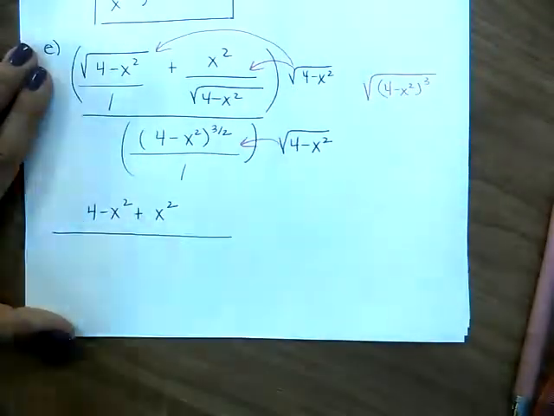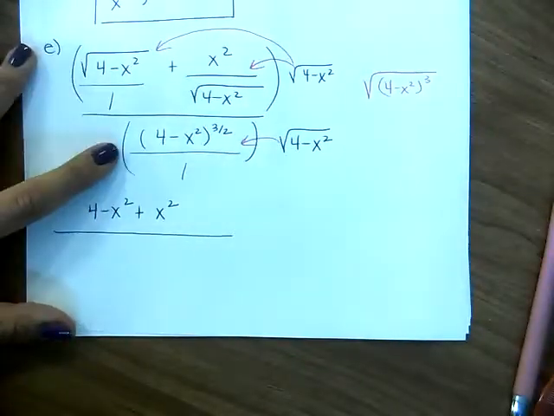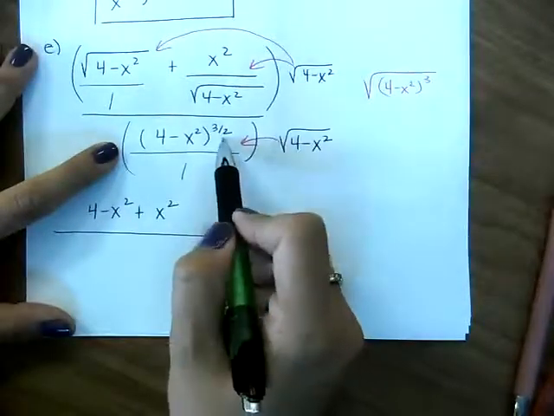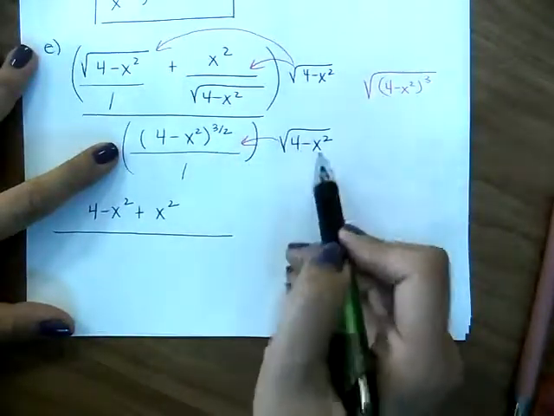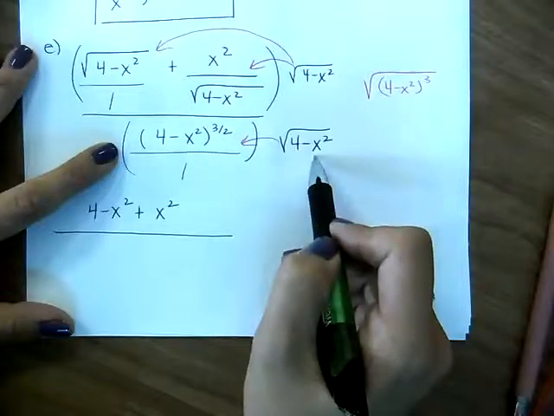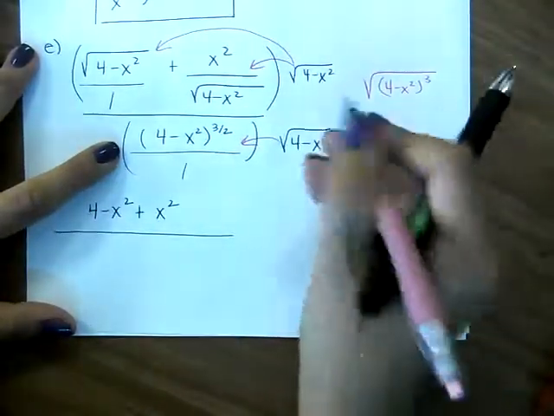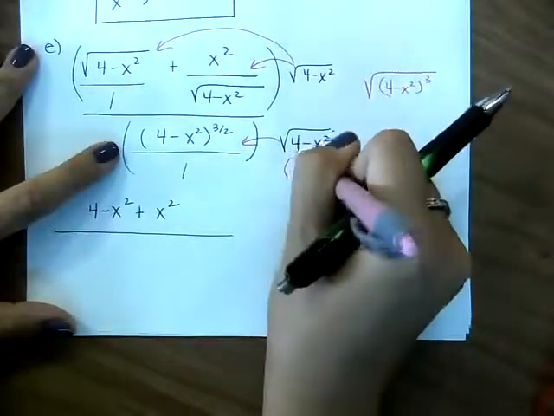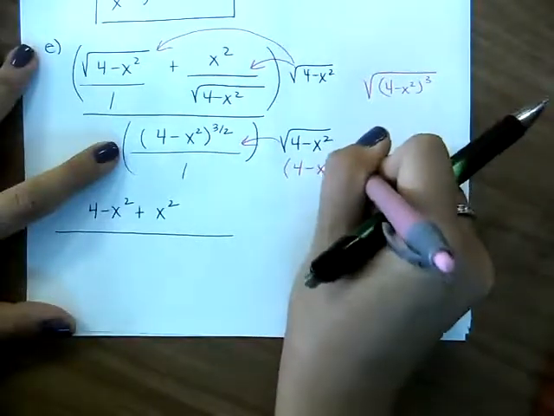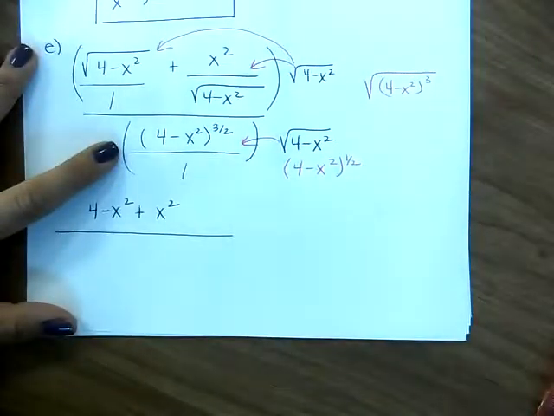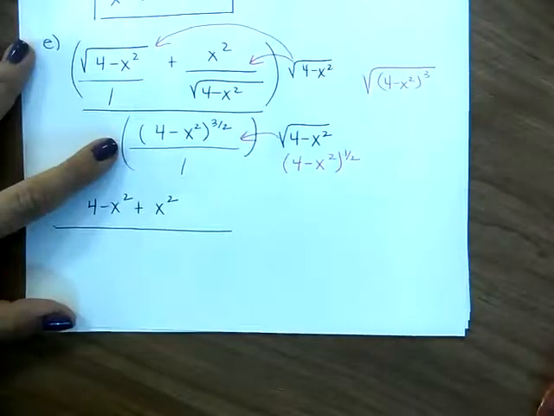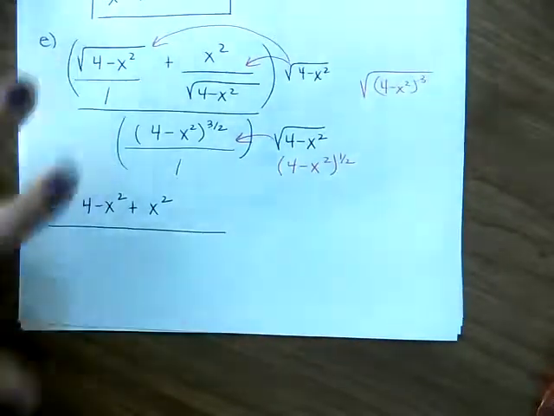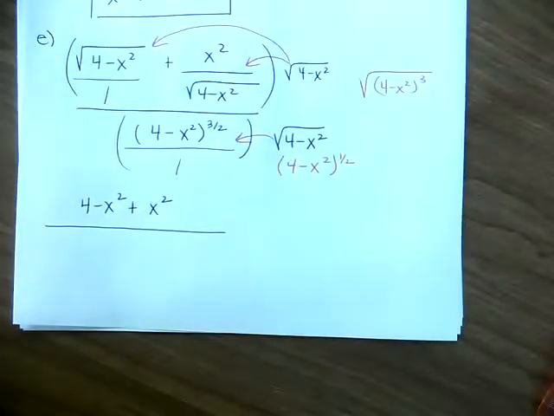All over. All right, now let's think about this. So this is written as a fractional exponent. Let's write this one as a fractional exponent. It's the same thing if we write 4 minus x squared to the 1/2. Don't those mean the same thing? When you have bases that are the same and you're multiplying them together, what do you do to the exponents? You add them.